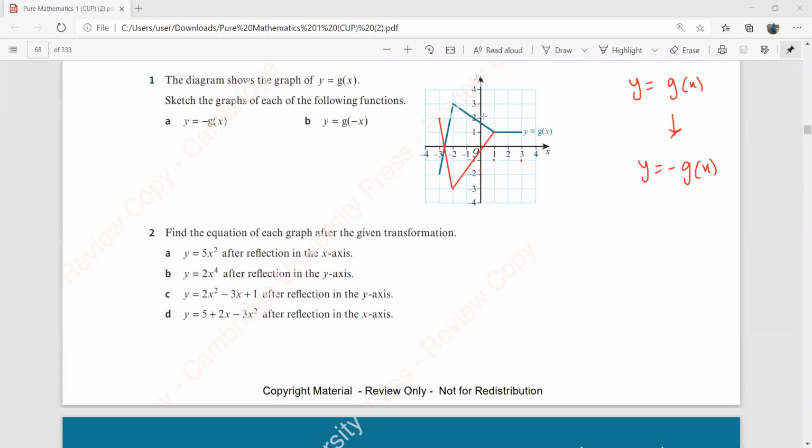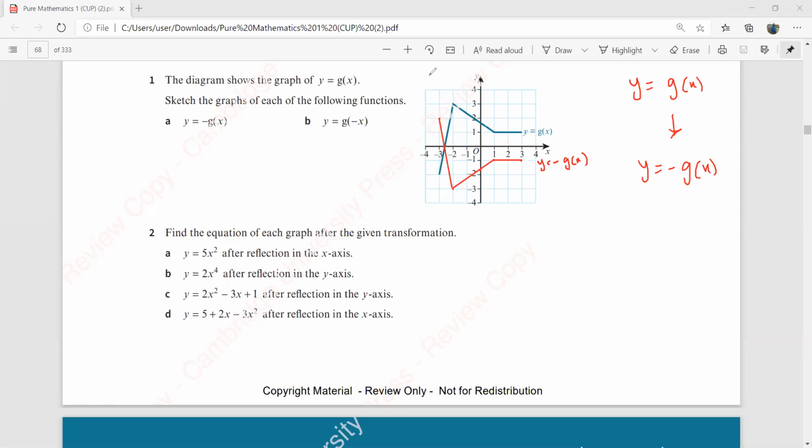This was to be joined with this and this with this. So that is how you get this reflected in the x-axis. This is y equal to minus g of x.